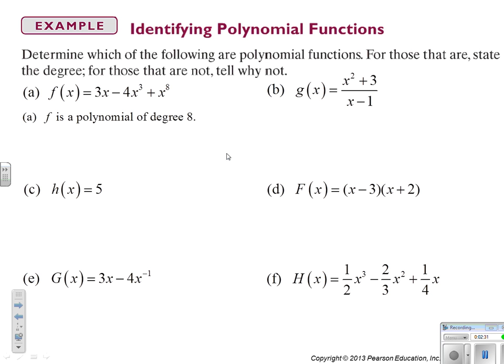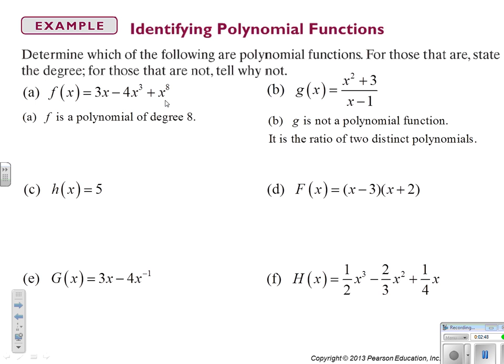So it is a polynomial, and it has a degree of 8. So you find the highest degree exponent stuck to your variable, and that's the degree of your polynomial. B, checking it out, is not a polynomial because of the variable in the denominator.